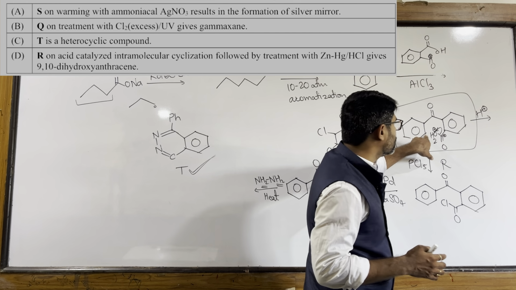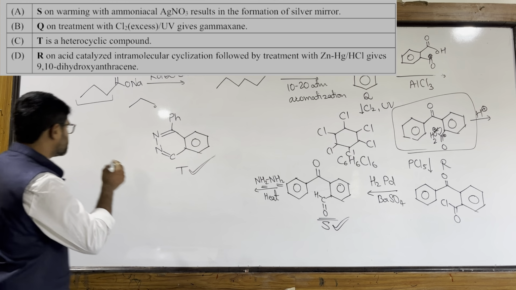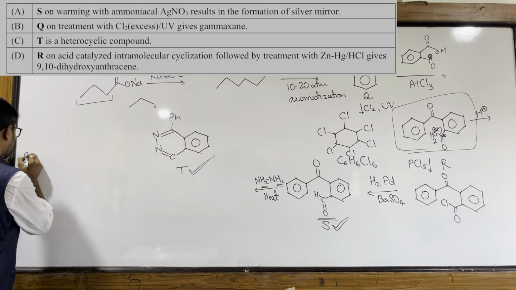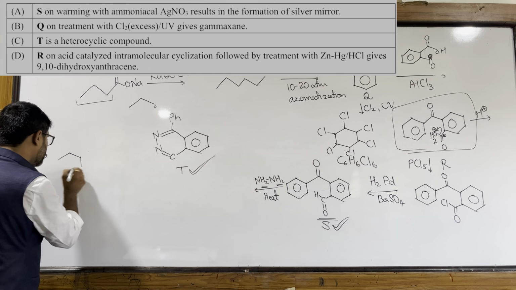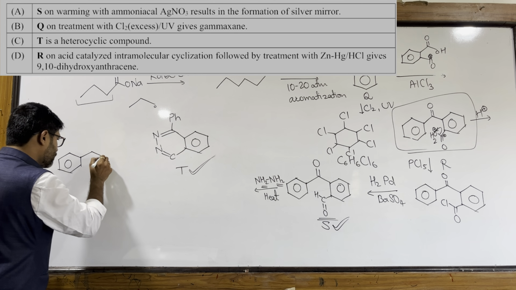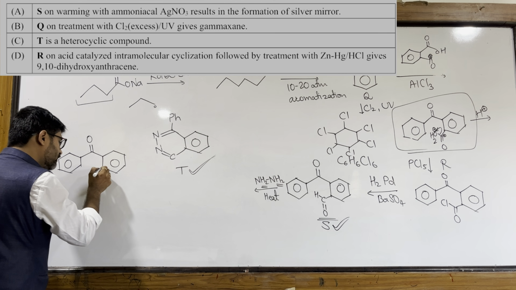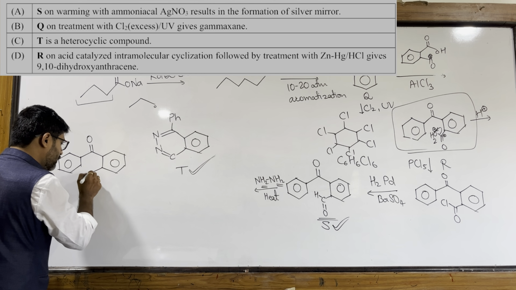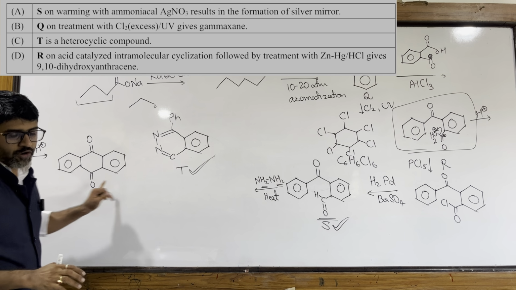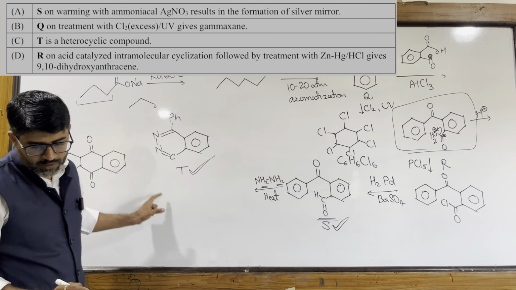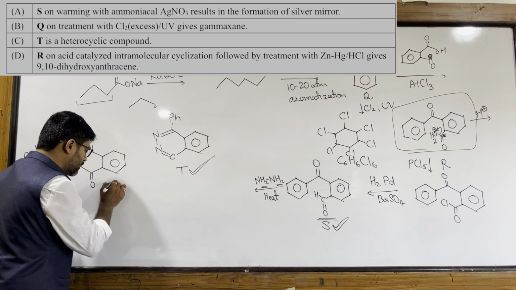So the product for acid catalyzed cyclization of R: R on treatment with H plus gives a product. In this product, one benzene ring is formed and we have another benzene ring here, C double bond O, and this COOH group here, we will have a CO bond. This will be the product for acid catalyzed intramolecular cyclization, followed by treatment with ZnHgHCl.